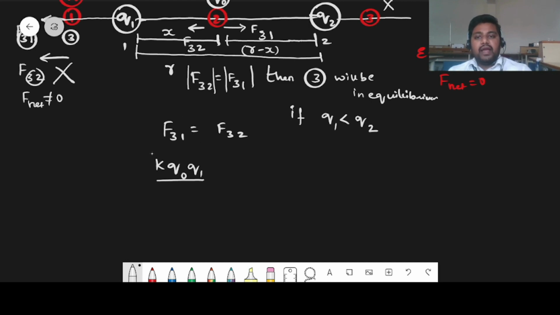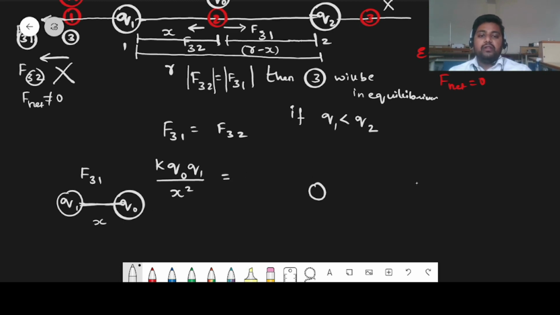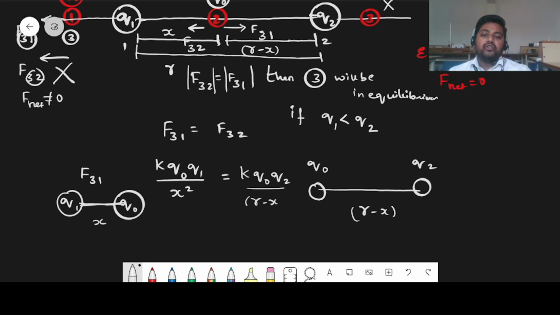So we have Q1 and Q0 kept at a distance of X. If you write F31, you can write K Q0 Q1 divided by X square, which should be equal to F32. This is Q0 charge and this is Q2 charge. These two are kept at a distance of R minus X. So F32 is K Q0 Q2 divided by R minus X whole square.